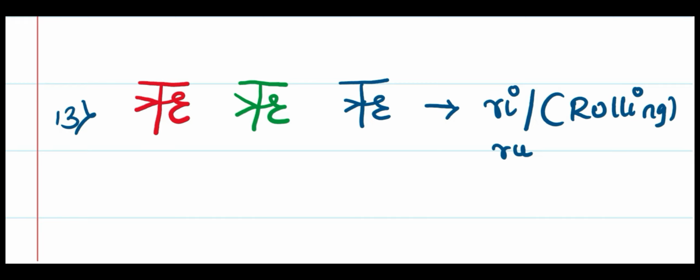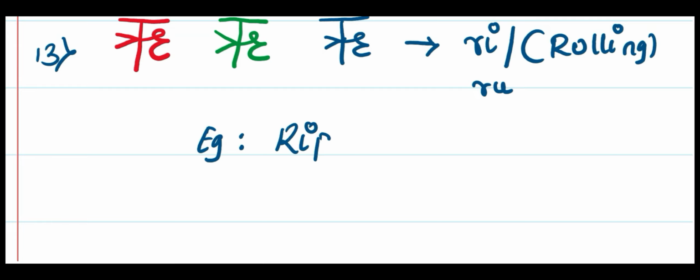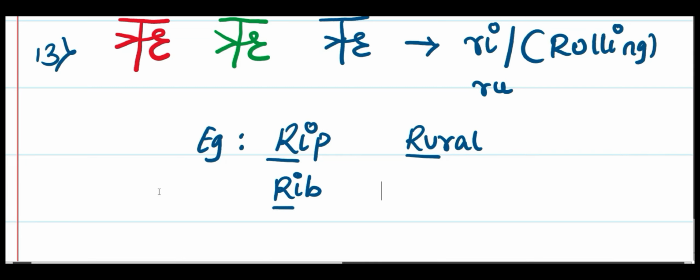The tongue is a little rolling, more like trembling. If I give an example in English, it's like rib, or ruler. So the pronunciation of this letter is ri or ru.